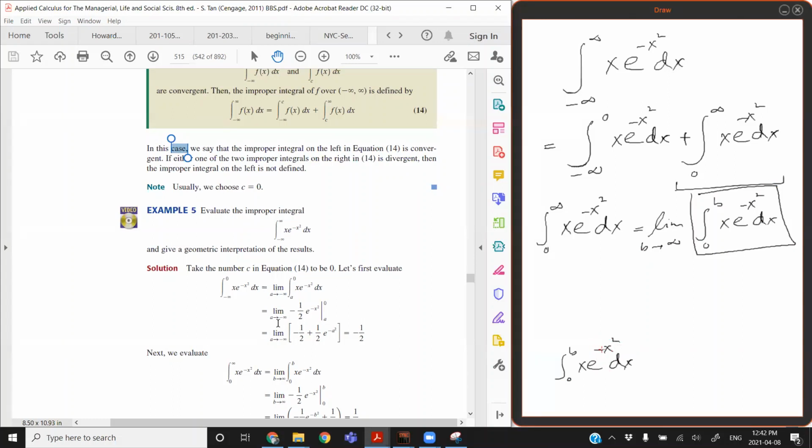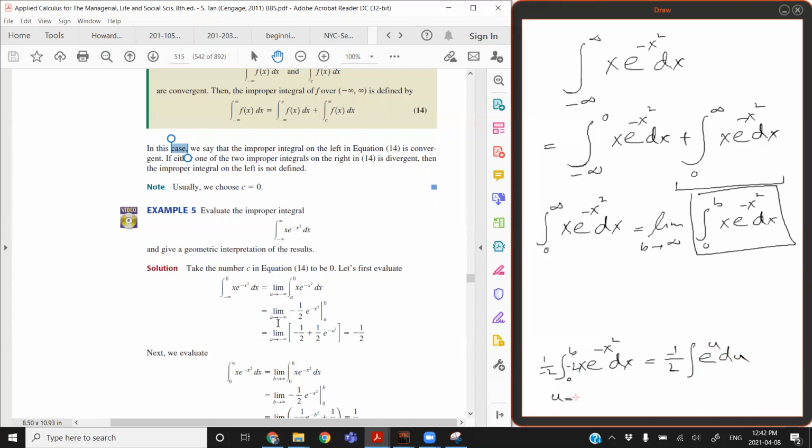If I take u to be negative x squared, then du is going to be minus 2x. I'm missing the minus 2, so I multiply by a minus 2 and divide by a minus 2 outside. So this is going to be negative 1 over 2 integral of e to u du.